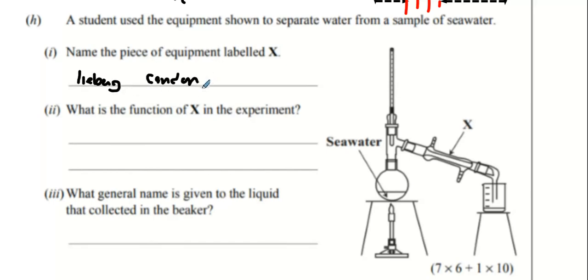Old school. What is the function of X in the experiment? X is a cool water jacket, so essentially it turns gaseous water, or water vapor, back into liquid water.